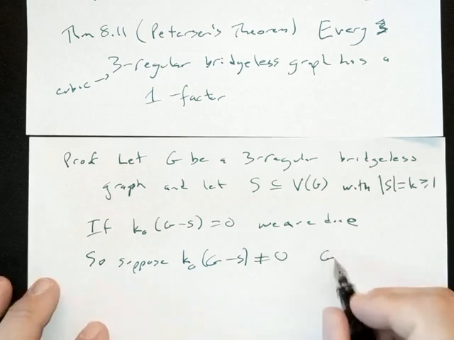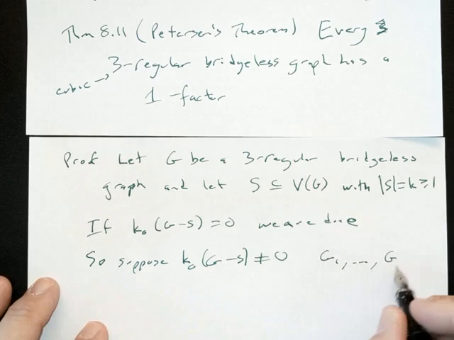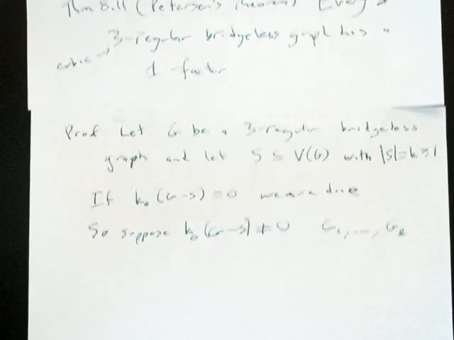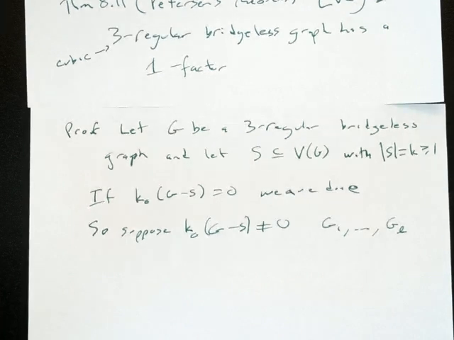Let's number them G1 through GL. I already used k. I don't want to use it again. When we looked at a one-factor, we said, oh, it's got to connect to these components somehow, right?